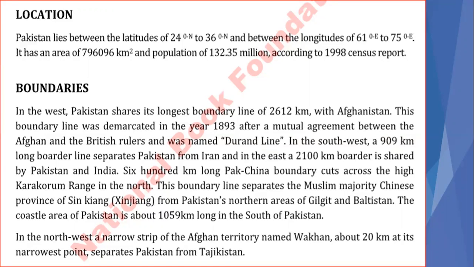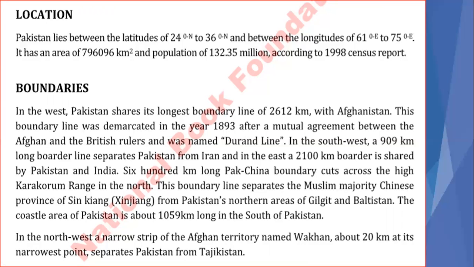Pakistan lies between the latitude of 24 degrees to 36 degrees north and between the longitude 61 to 75 degrees east. The total area of Pakistan is 796,096 square kilometers, and the total population, according to your book, you will write this, but it has increased now.